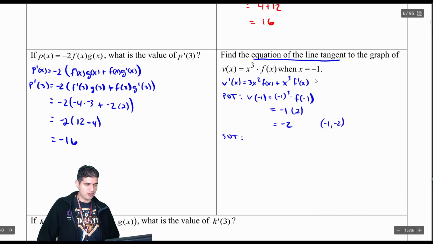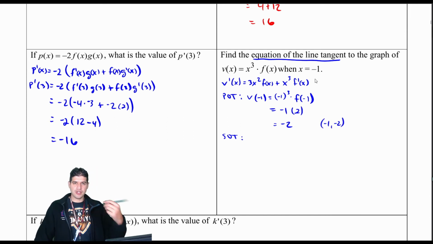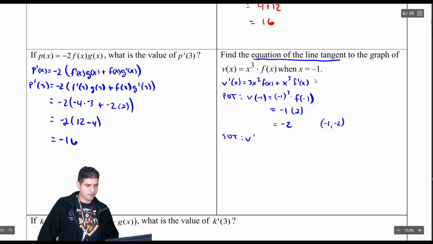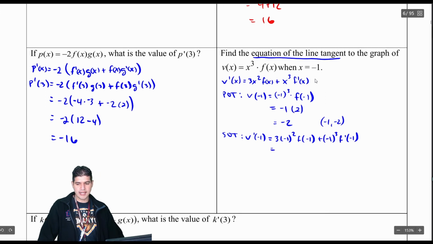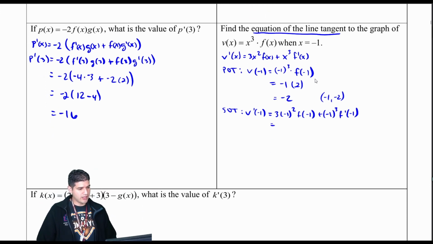Now I want to find the slope of the tangent line. All right, so that's why I took that derivative. So I want to find v prime of negative 1. So that's going to be 3 times negative 1 squared times f of negative 1 plus negative 1 cubed times f prime of negative 1. All right, let's get everything that we need here. So that's negative 1 squared. That's 3 times f of negative 1, which is 2, minus, because negative 1 cubed is negative, and then times f prime of negative 1.